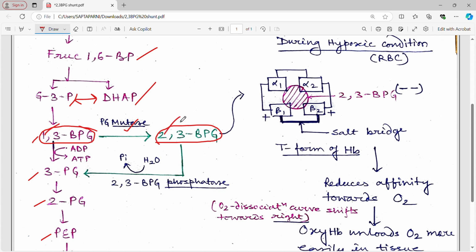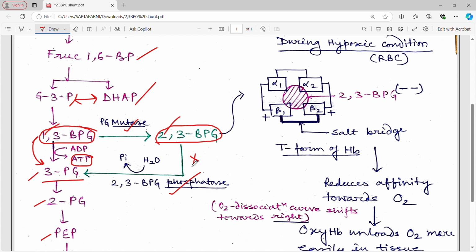Now this 2,3-BPG can also be converted to 3-phosphoglycerate with the help of the enzyme 2,3-bisphosphoglycerate phosphatase. But one interesting thing to remember is that during conversion of 1,3-bisphosphoglycerate to 3-phosphoglycerate, ATP is formed. But during the shunt pathway of 2,3-BPG, no ATP is formed.